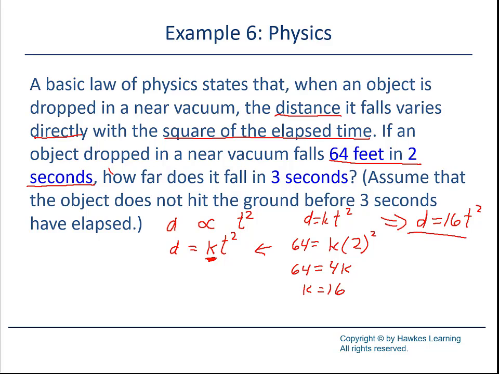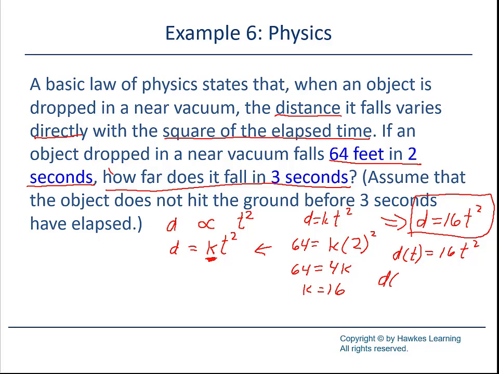Once we've got our equation, we're in business for answering the question. It says, how far does it fall in 3 seconds? Since this distance is a function of time, or elapsed time, 16t squared, all I have to do is put the 3 in where the t is.